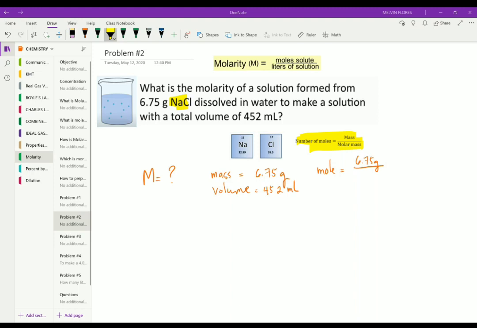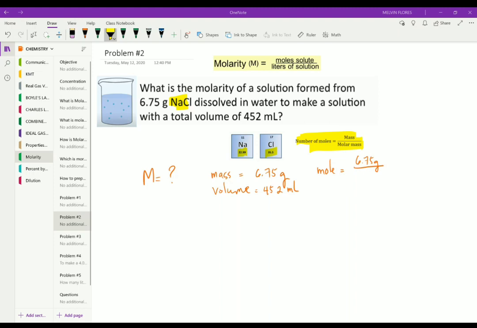Sodium is 22.99 and chlorine is 35.5, so you calculate the molar mass by adding these two atomic masses.